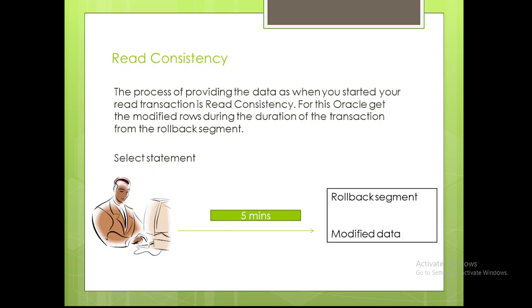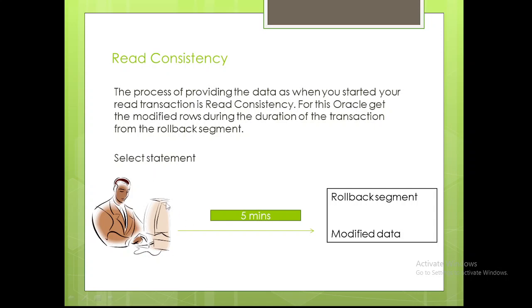So after 10:05, are you getting the 10:05 data, or the data as it was at 10 o'clock? There are many changes within this duration, so what you get is maintained by Oracle as read consistency.